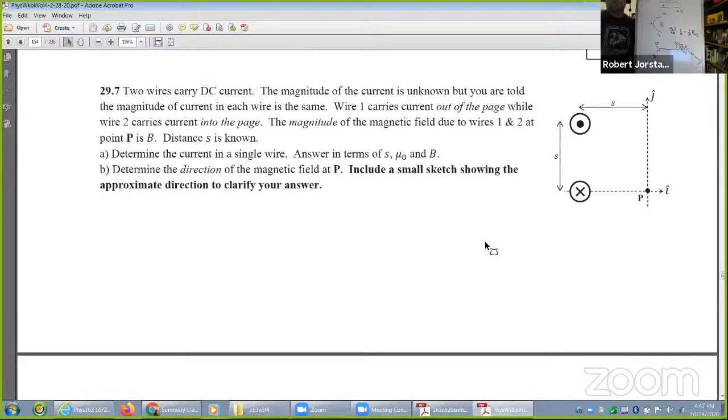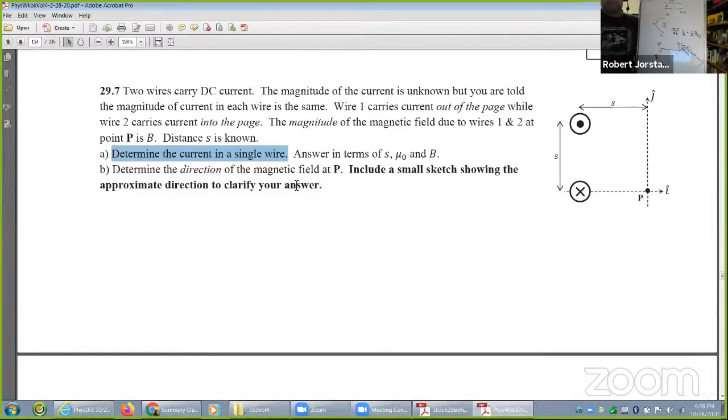This one, if we look at 29.7, all right, let's see what you think. I don't know if you noticed a pattern here. One of the things that I've done is instead of calculating B, I make you figure out the current required to create a known B field.